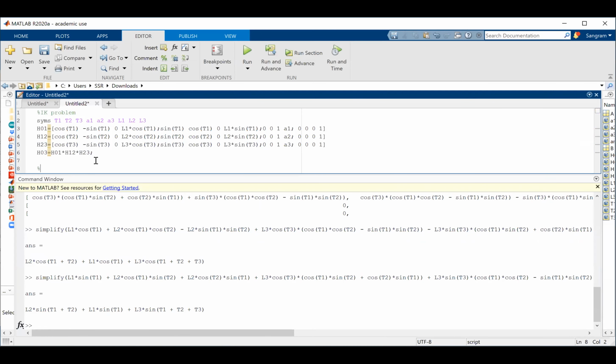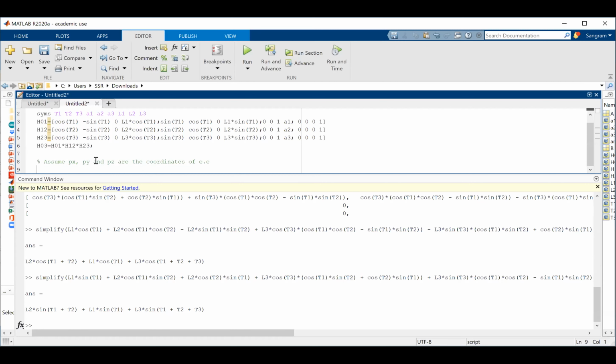let's assume Px, Py, and Pz are the coordinates of end effector. So which means I give you Px is equal to 10, Py is equal to 10, Pz is equal to 10. I have a neat and clean expression for Px, Py, and Pz.